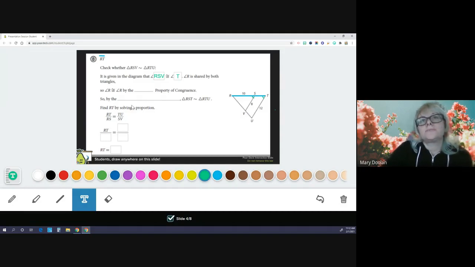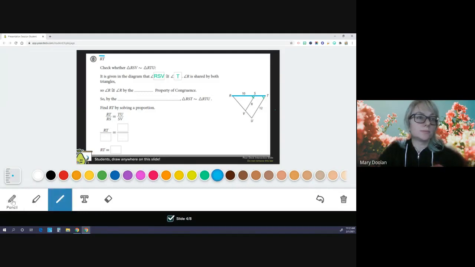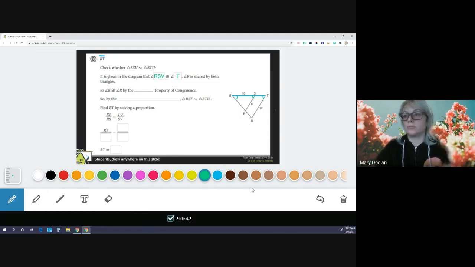And also, we can tell that angle R is congruent to angle R. We're saying that angle R is congruent to itself. So this is another property of congruence, right? Go ahead and draw that in. We're talking about this angle right here, angle R. I'm going to put a double arc mark there.